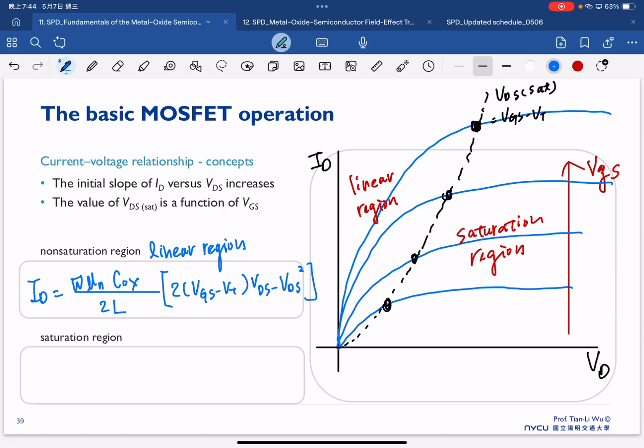So that's the current equation we have in the linear region.